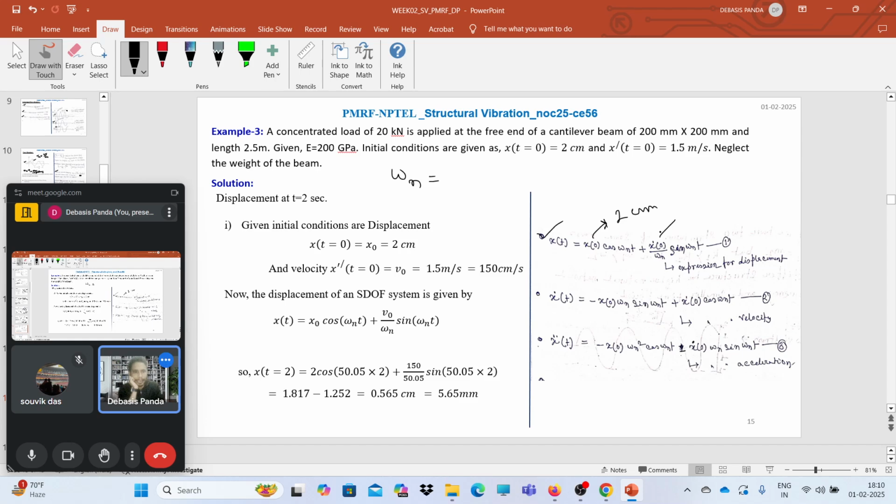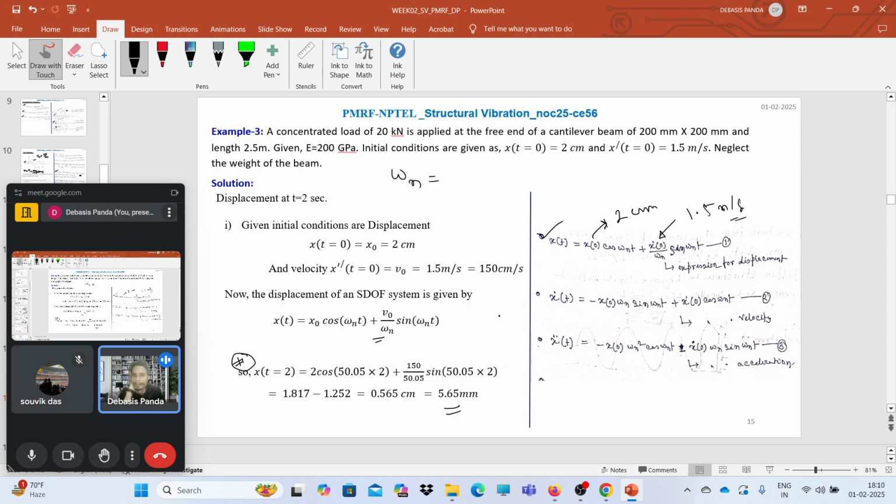X dot naught is the initial velocity, here 1.5 meter per second is provided. Now you just need to put all these values in the equation. So x(t) at t equals 2 comes as 5.65 mm, right?